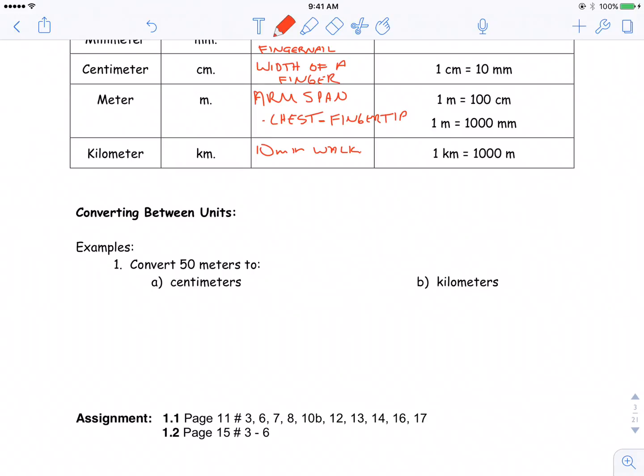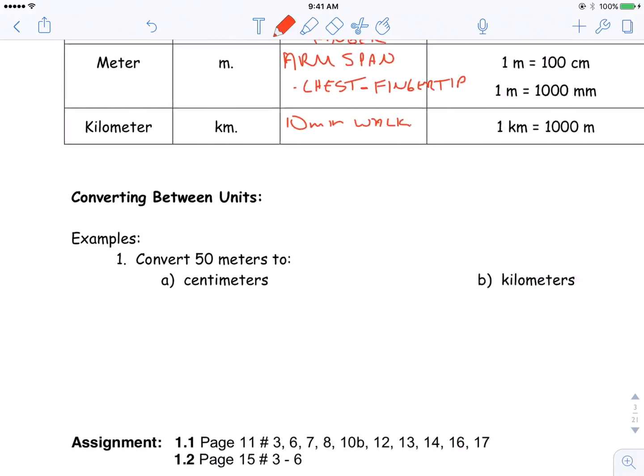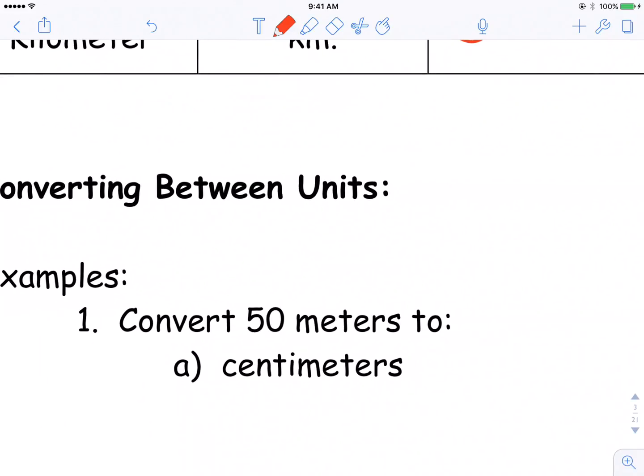Okay, so example, convert 50 meters to centimeters. First thing I need to do is look at my table and realize that I have a conversion factor that relates meters and centimeters. For every 1 meter, there are 100 centimeters.